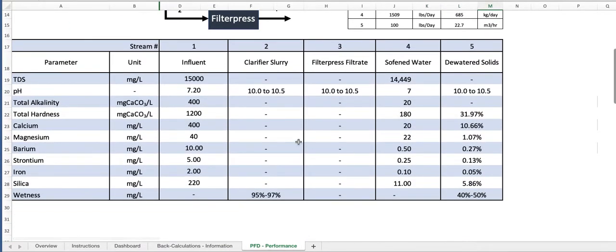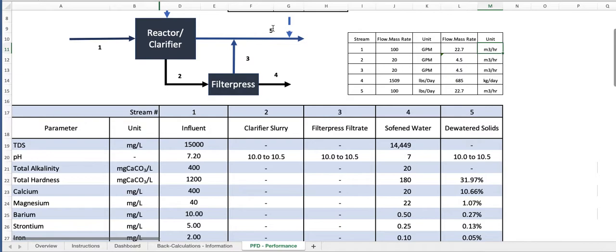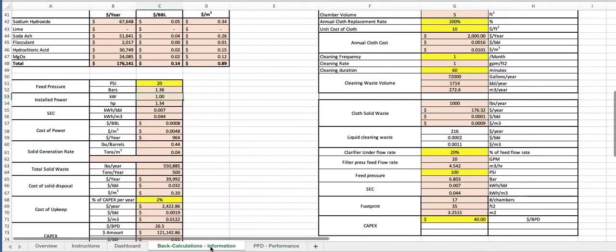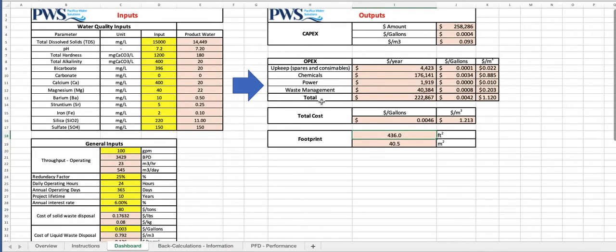Here, it would tell you based on your input of water quality what to expect in the water quality leaving the stream number 5 here, which is your final effluent. The calculations here, both in here as well as the back calculation tab, will feed back into the dashboard, providing you with the outputs you need here.